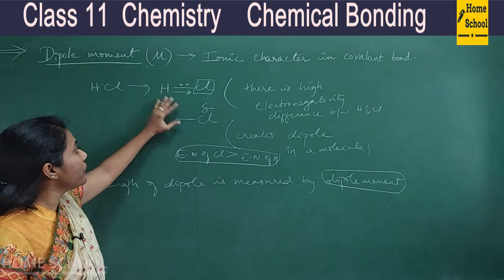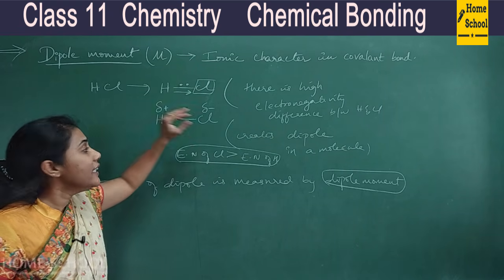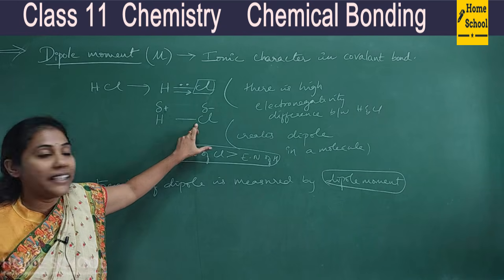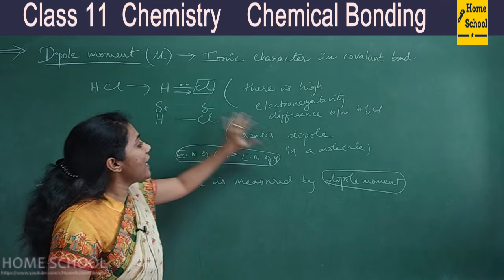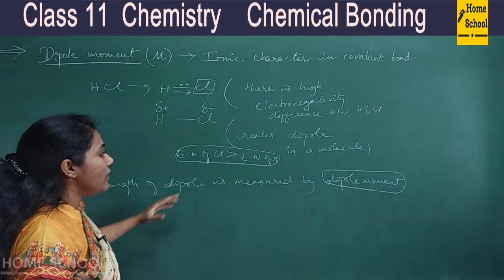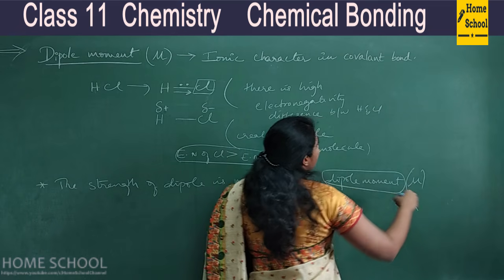If the charge on two atoms is more, then we say more ionic character is there in a covalent bond, right? So the strength of dipole, in other words, is always measured by dipole moment, which has the symbol nu.